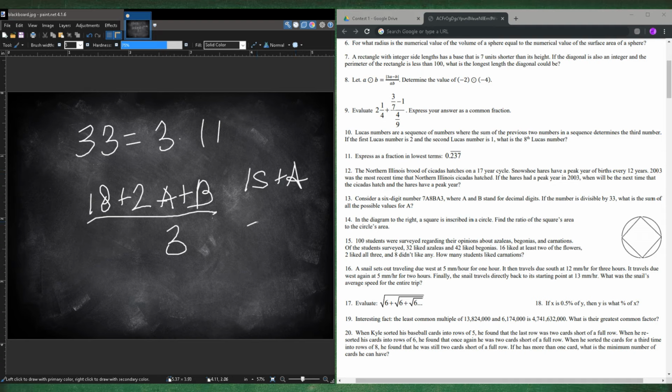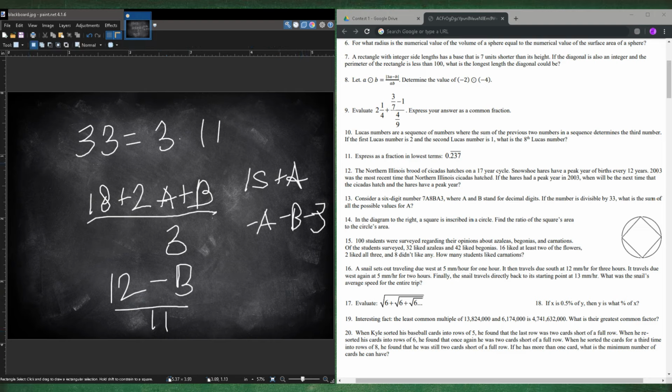That has to be a multiple of 11. 15 minus 3 is 12, and the A's cancel out. So 12 minus B has to be a multiple of 11.